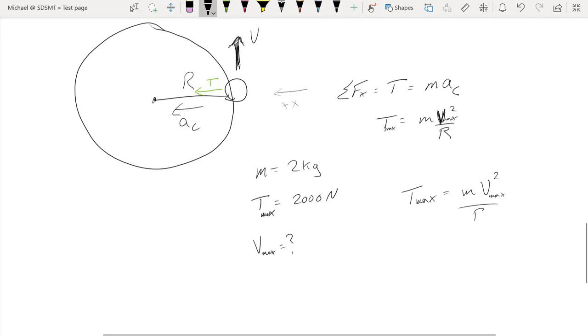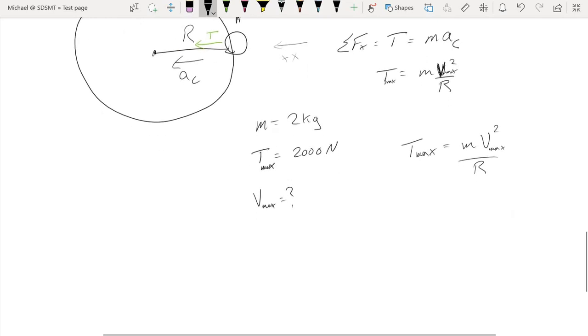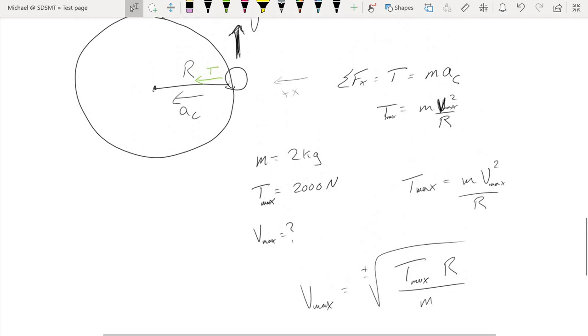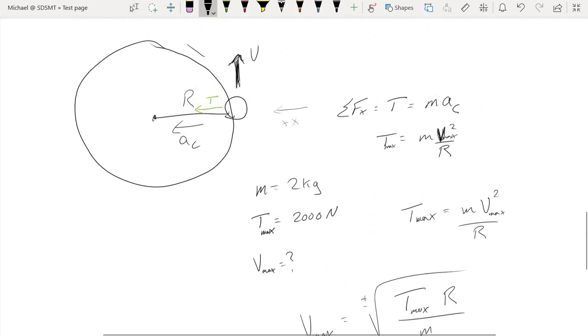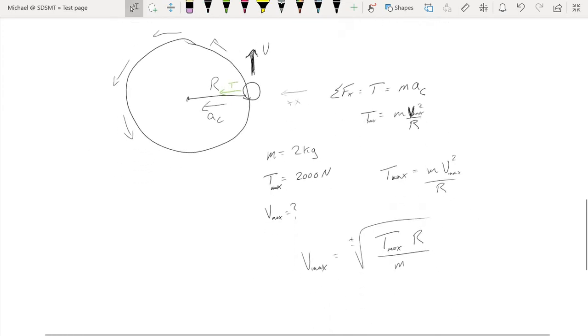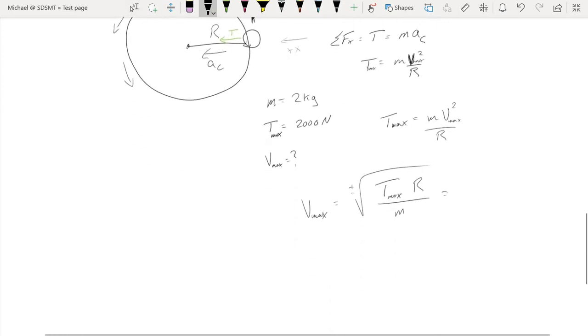We'll rearrange to solve for the maximum velocity. And so that means we have to multiply by r, divide by m, and take a square root. And technically this has become speed because we're constantly changing the direction of our velocity vector.